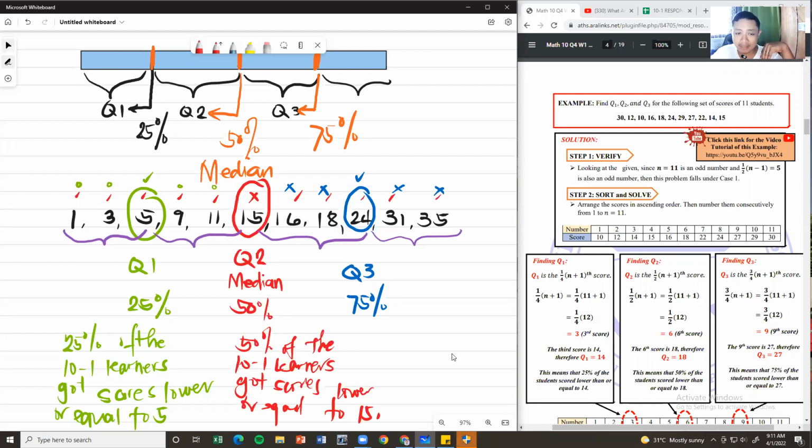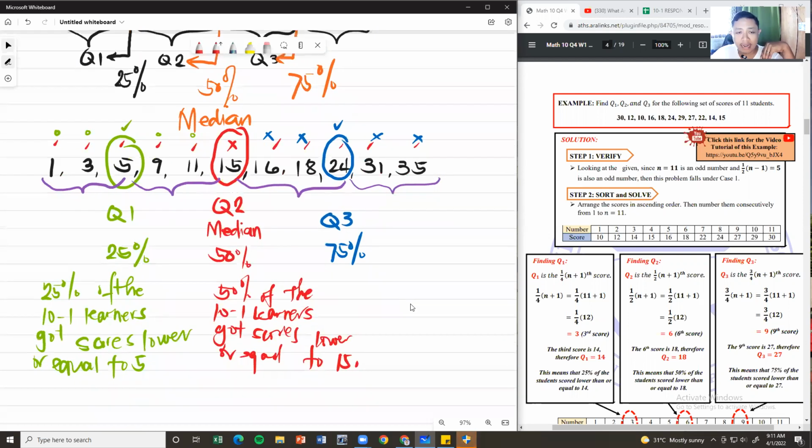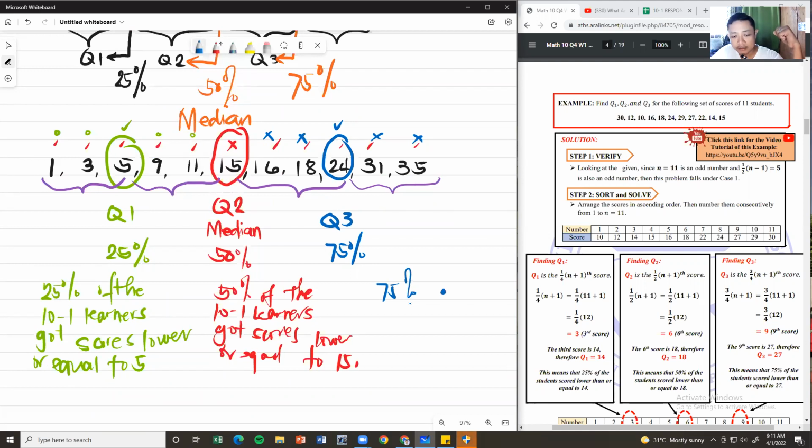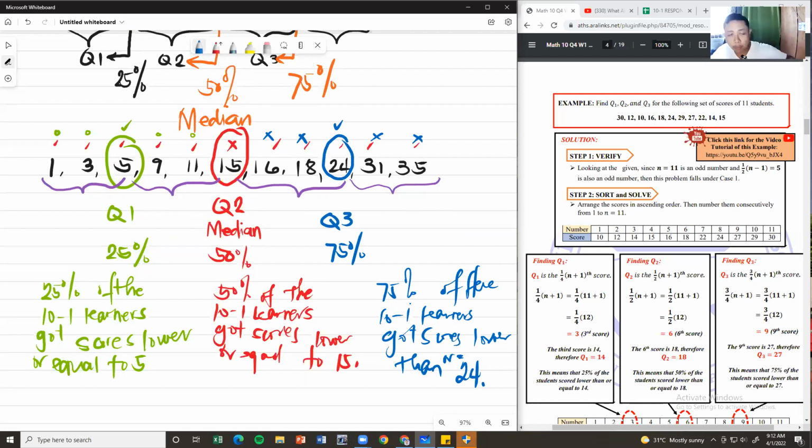Okay? And of course, finally, for our third quartile, it says 75%. To interpret this, we can say that 75% of the 10-1 learners got scores lower than or equal to 24.